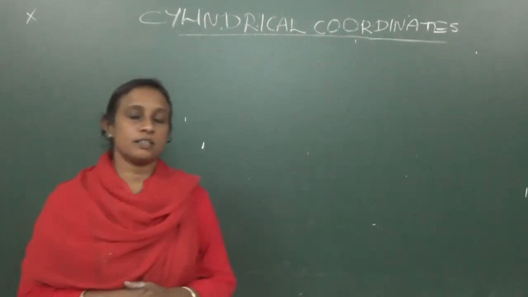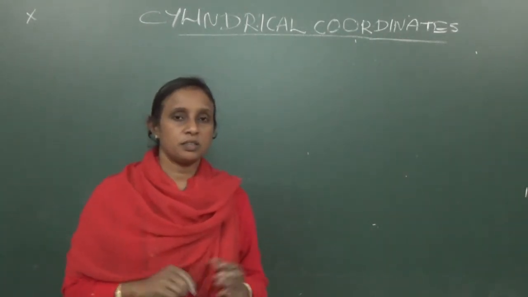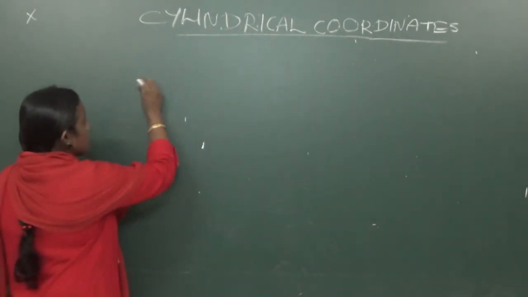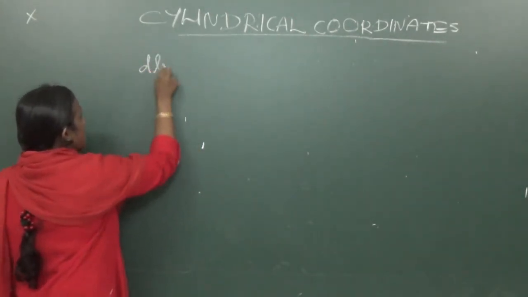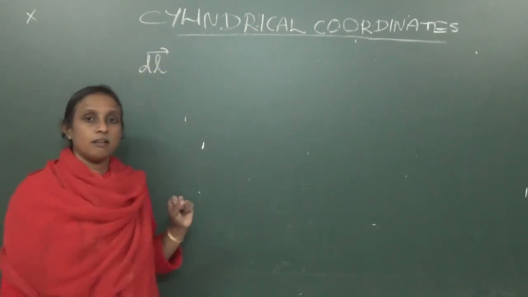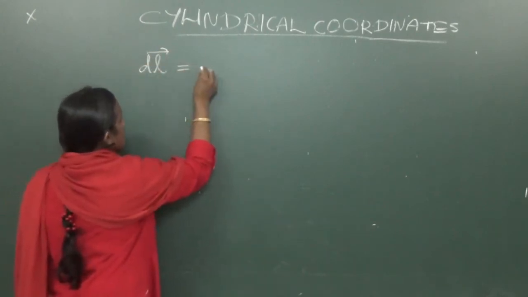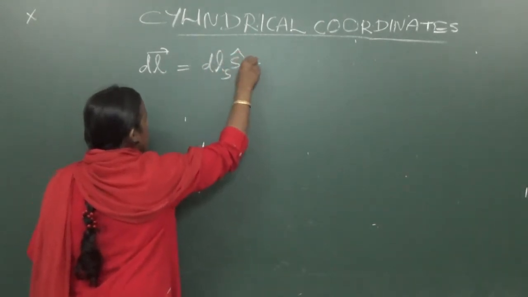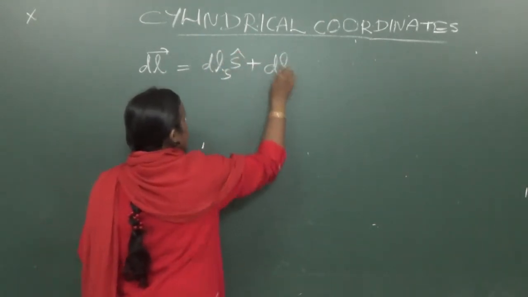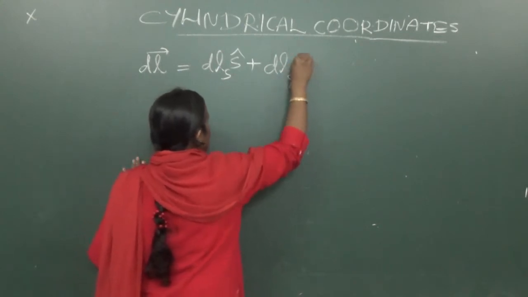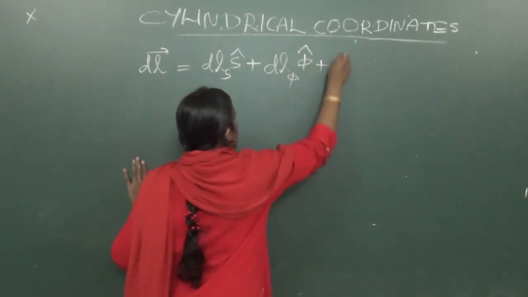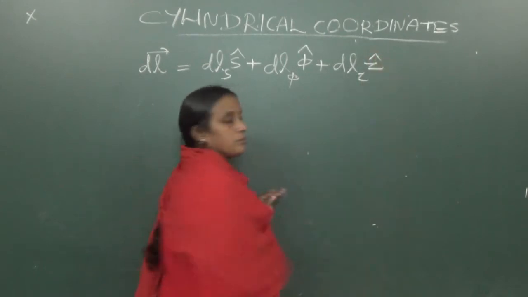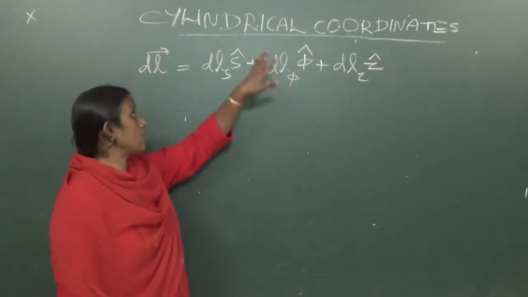We can write the length elements in different axes. In this system, the length element dl is defined as dl_s s cap plus dl_phi phi cap plus dl_z z cap. We already learned that.